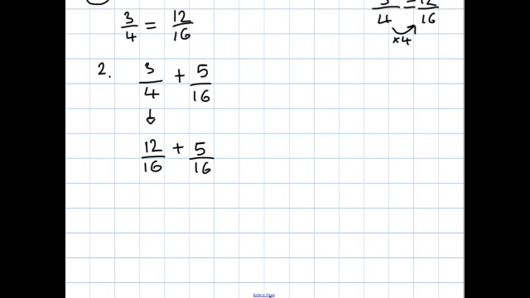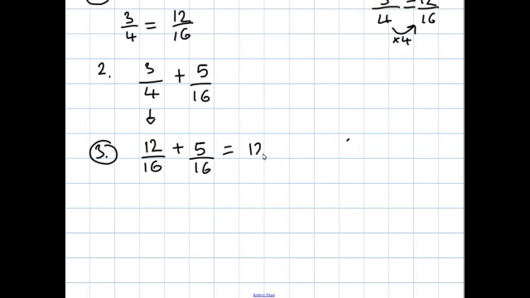So what we have here now is an addition that we can do together. So we have 12/16 plus 5/16.